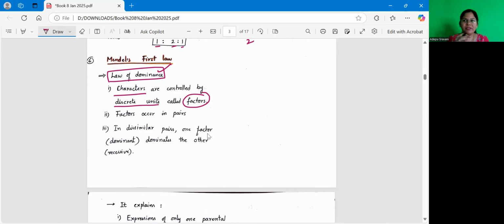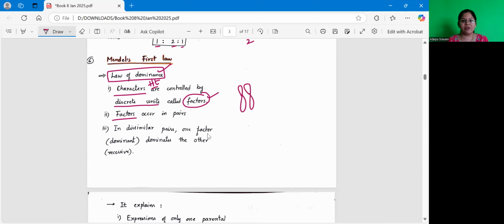Because of this, in the F1 generation only one character will be seen because of that factor. So characters are controlled by discrete units called factors. That means, in our example, the character was height. So height is controlled by a certain thing which is called a factor. This is the meaning. Factors occur in pairs. I told you.